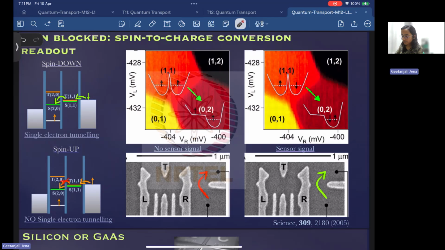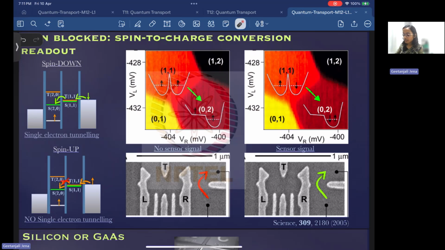Let us say we have a triplet state where both have the same spin, and now we are transitioning to the 0 2 state where both electrons occupy the same quantum dot. Here they occupy different quantum dots. Now we have electrons occupying the same quantum dot. To occupy the same quantum dot, they should have different spin. But in the triplet state, they both have the same spin.